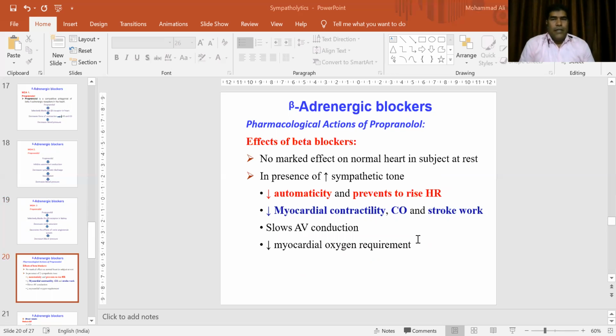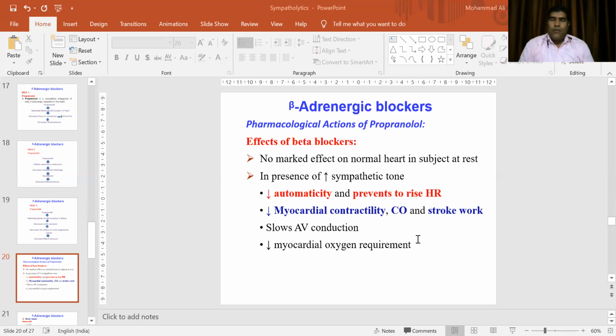Coming to the pharmacological action of propranolol, the effects of beta blockers: no marked effect on a normal heart in a subject at rest. In the presence of increased sympathetic tone, it will decrease automaticity and prevent a rise in heart rate.